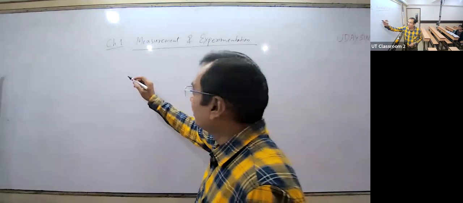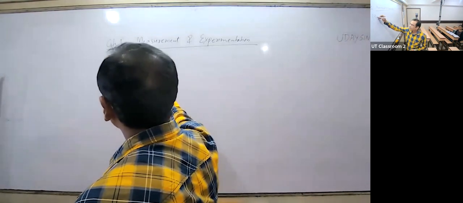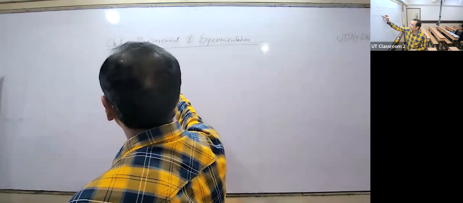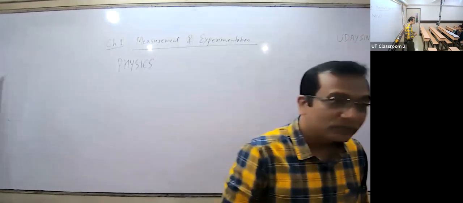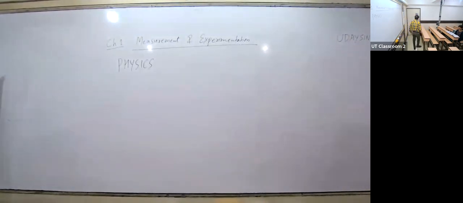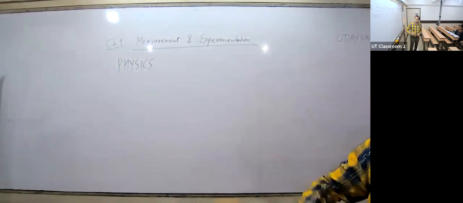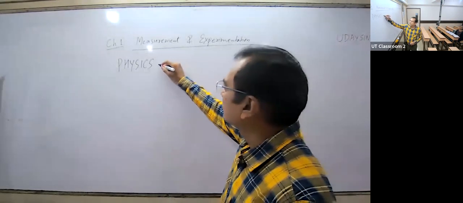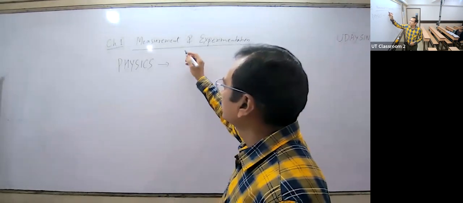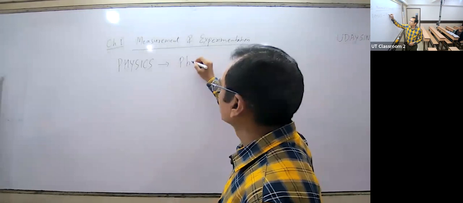So since you already are learning about physics, any idea what is physics? What does it deal with? It is measurements and experiments. Yes, exactly. So it deals with the study of physical quantities.